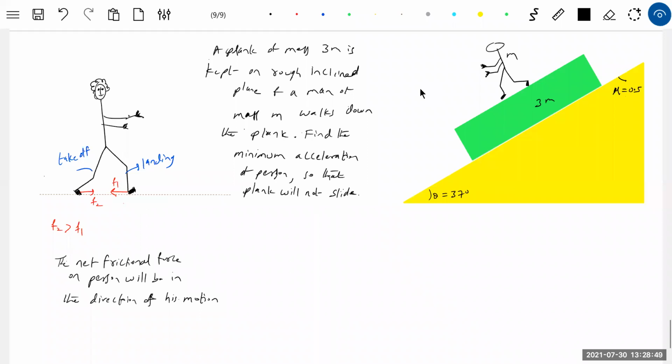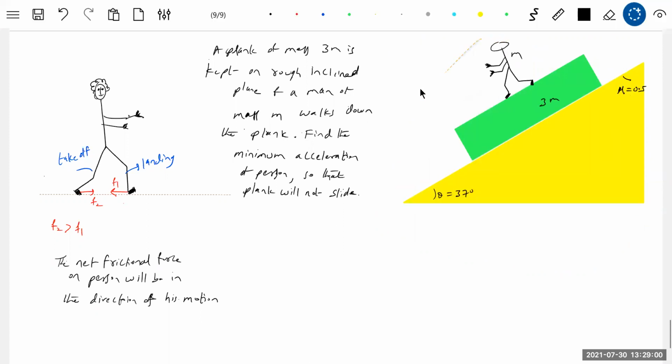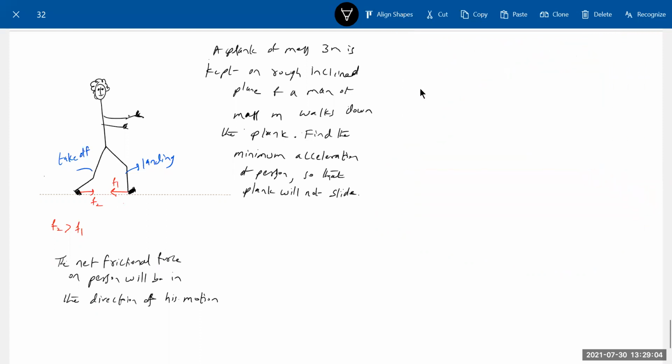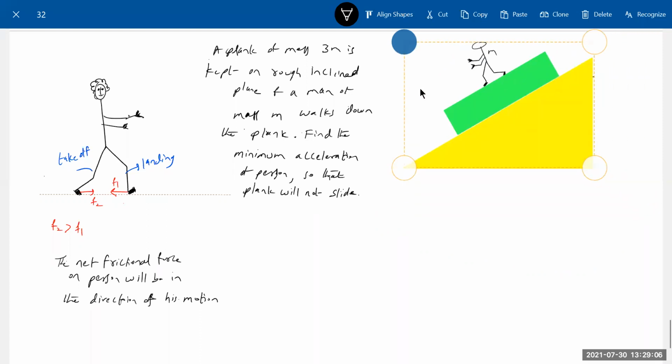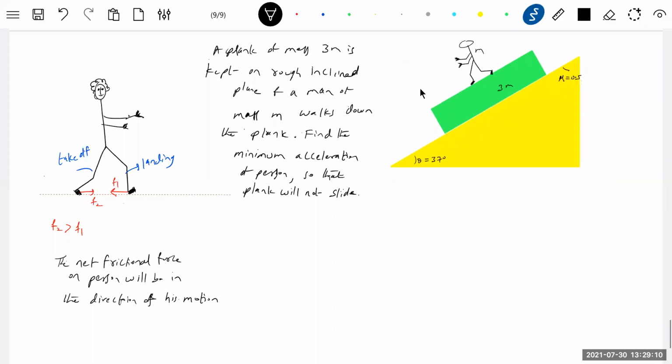Now, what is the diagram now? This is about the free body diagram. There is an inclined plane.